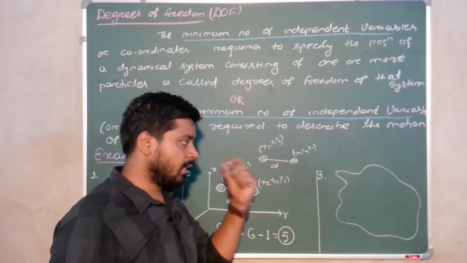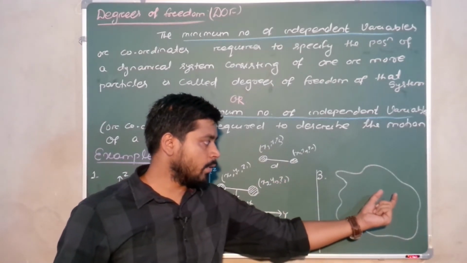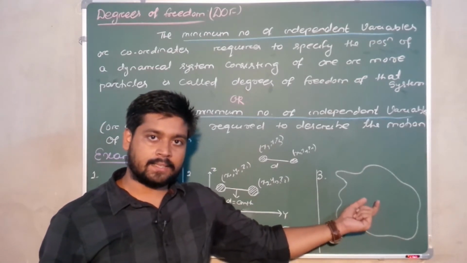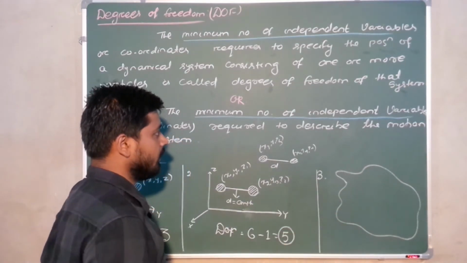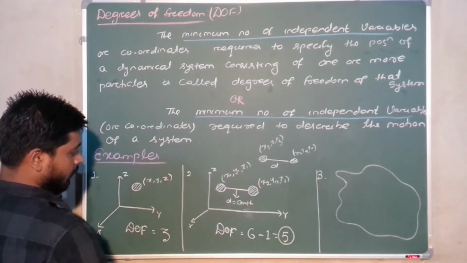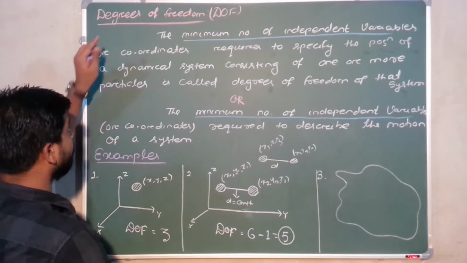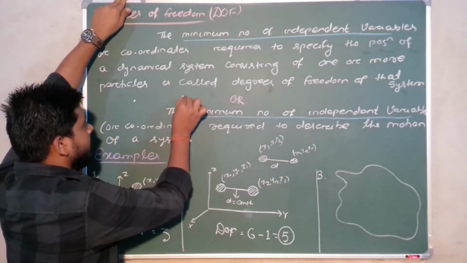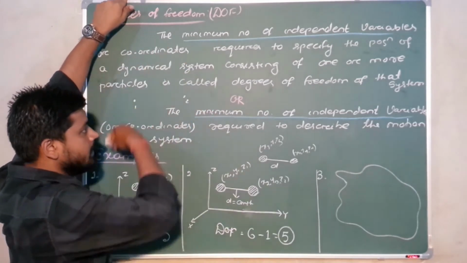The distance between any two particles inside a rigid body is always constant. Yes or no? Let us suppose this green board is a rigid body. How do you know? Let this one be point 1 and this one be point 2 in this green board.